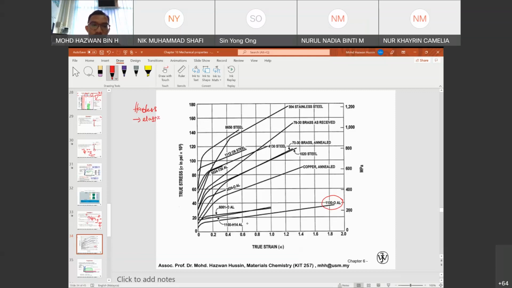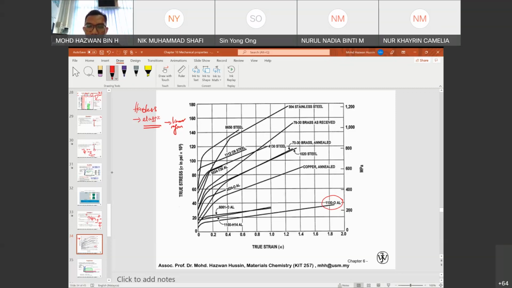So if you want to indicate the more elastic properties, then it should reflect to the linear region. So any linear region that produce, okay, maybe quite sharp or maybe quite long linear, then this can be indicated as hardness. Okay. So maybe we'll look through this answer.